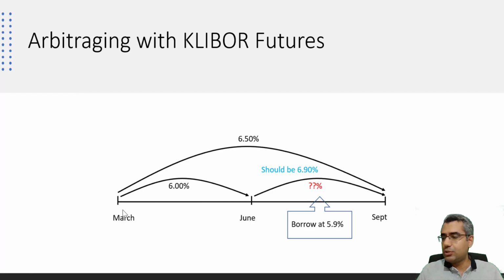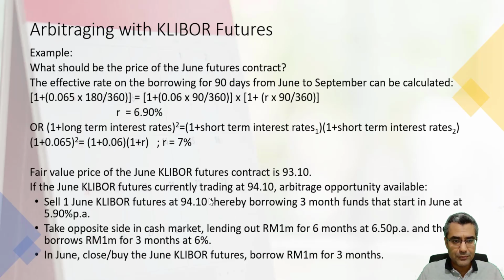Now, suppose you go to the market, and you can find the June KLIBOR futures contract traded at 94.10. So now we need to know whether this is overpriced or underpriced, right? What's the fair value for this futures contract?